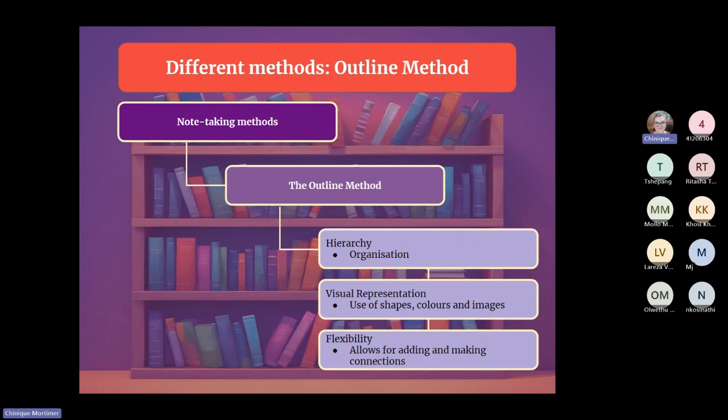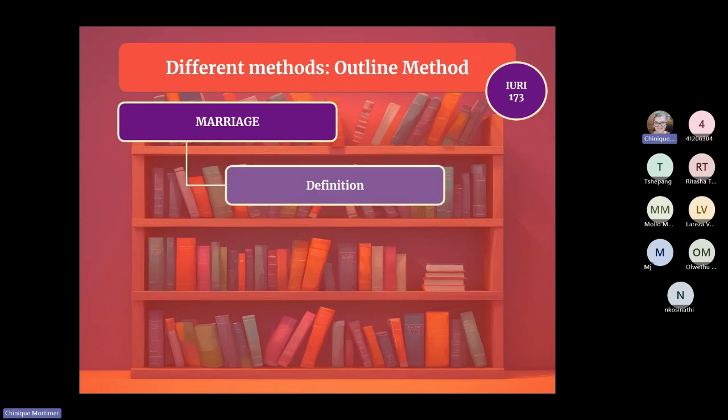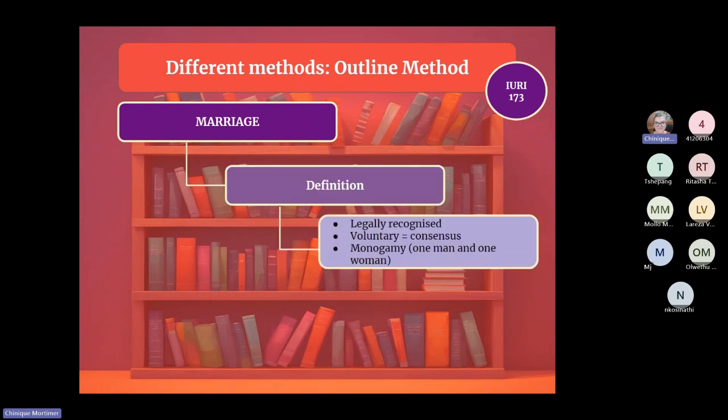Okay, what would this look like in the context of law? This is from URI 173, which is family law, and my main heading here is marriage. Then my subheading would be, what is the definition? The definition is, and this I got from the slides, legally recognized voluntary consensus monogamy, one man and one woman.